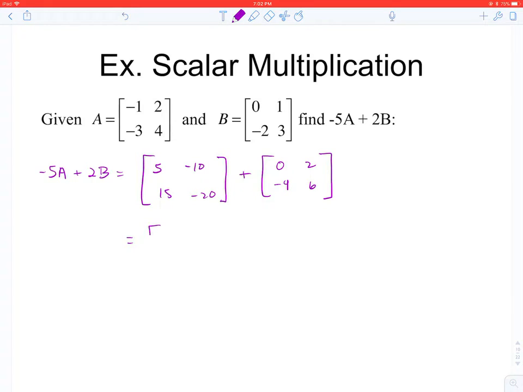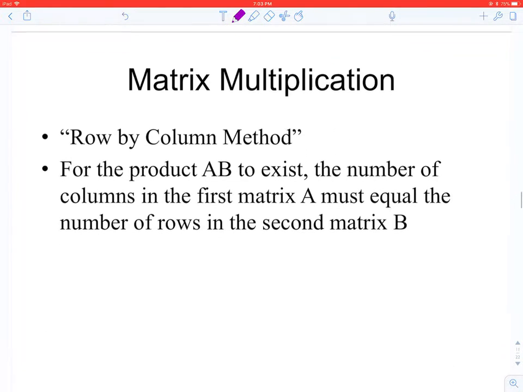And now, because these are two 2 by 2 matrices, I can just add the corresponding elements to get my final matrix.